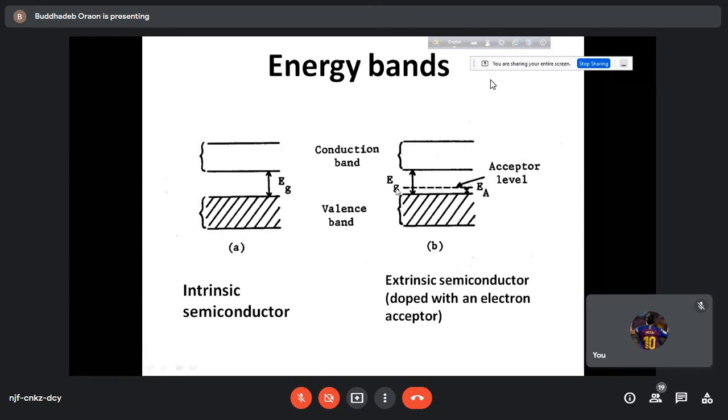So this is the acceptor energy level, that means this is the energy level of the holes. These holes are created, and the energy level is quite less, and from the valence band below, electrons will try to move from the lower side to combine with the holes. So there will be some movement. This is the idea. This energy gap is also quite less.